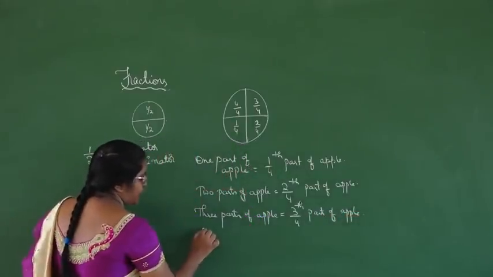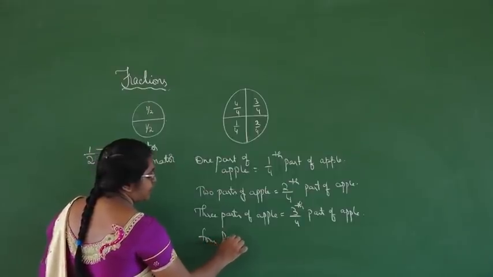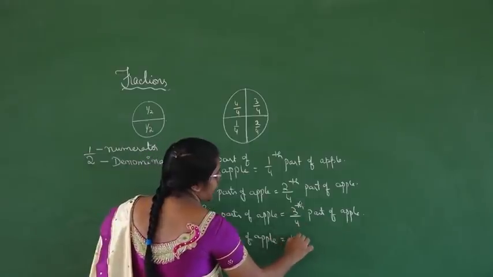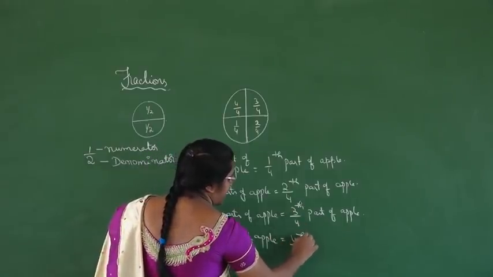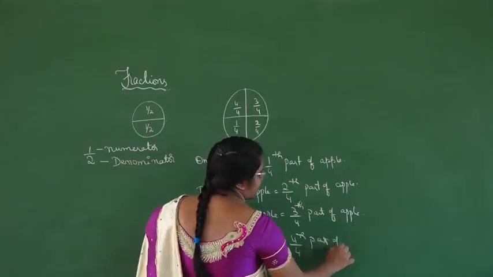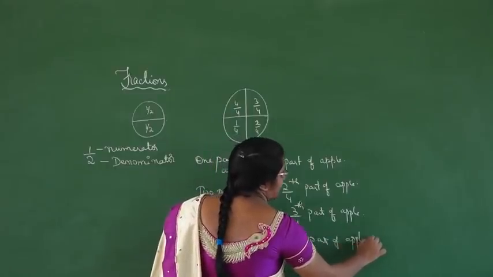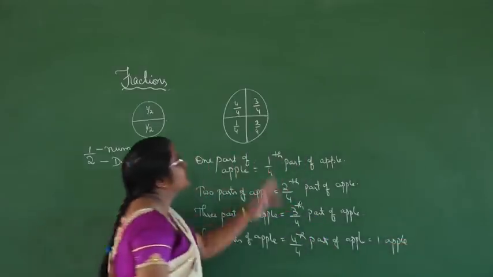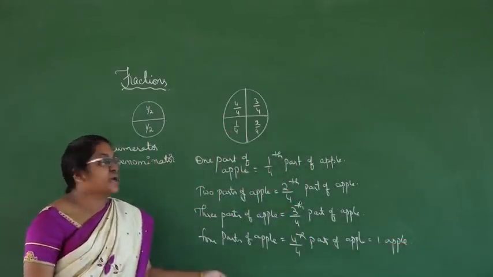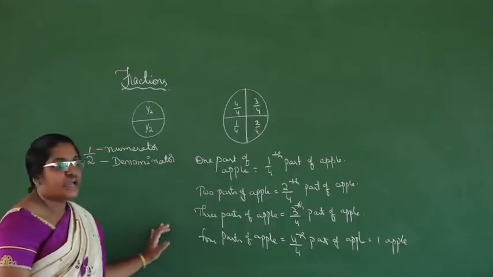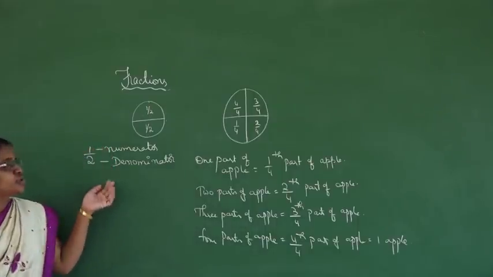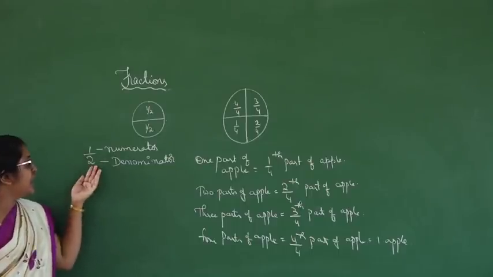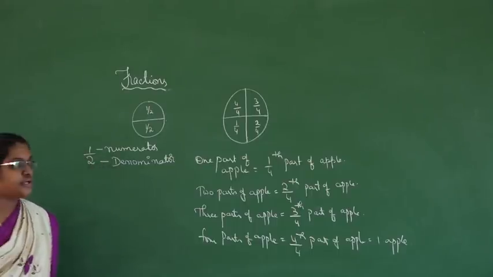Next one, 4 parts of the apple is equal to 4 by 4 part of the apple, which is equal to 1 apple. It means it is complete. This is nothing but the fraction, and this fraction contains 2 parts: the upper part is called numerator and the lower part is called denominator.